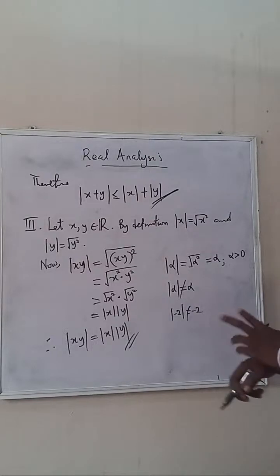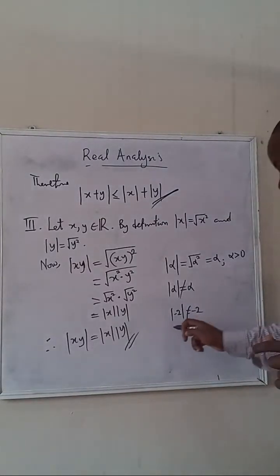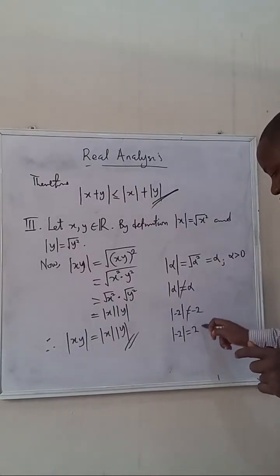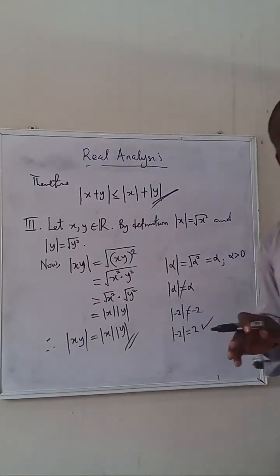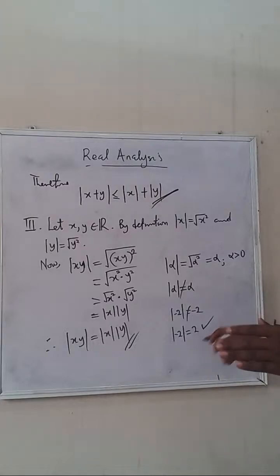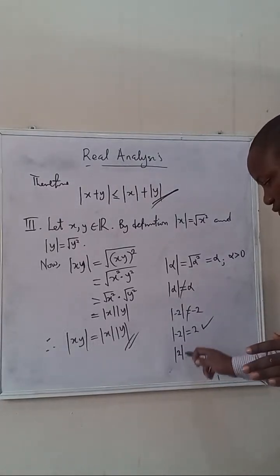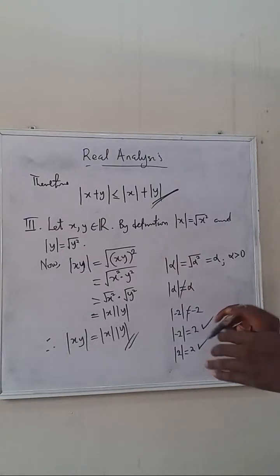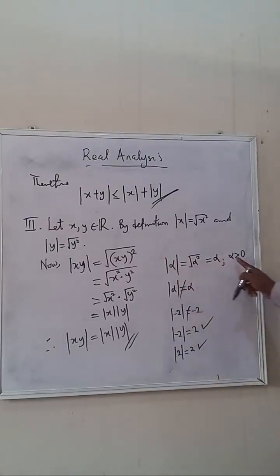No. It will not happen if alpha is negative. And of course, if you say the absolute value of 2, this is also 2, this happens. So anytime we are writing this, it must come with the condition that alpha is greater than 0.